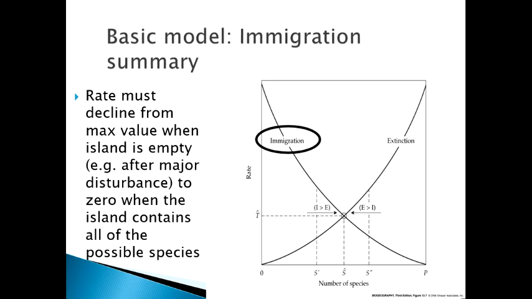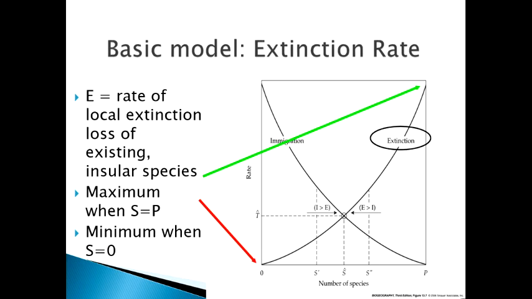To summarize, the rate of immigration must decline from some maximum value when that island is empty to 0 when the island contains all of those possible species that also exist on the mainland. Now let's consider the other side of the equation, extinction.